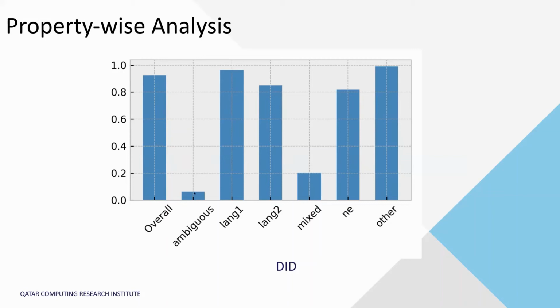But you can see that when it's ambiguous or mixed, this is where the majority of errors come from: words that are ambiguous. So the system finds it hard to determine them as accurately as possible.